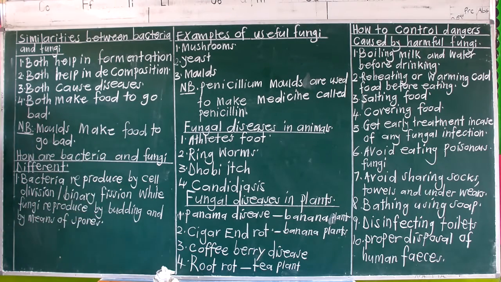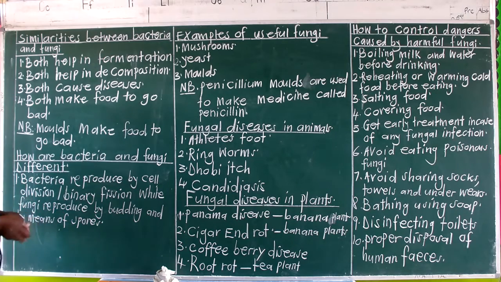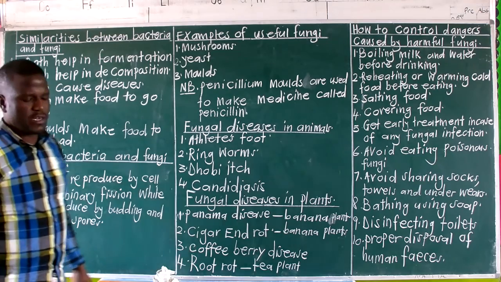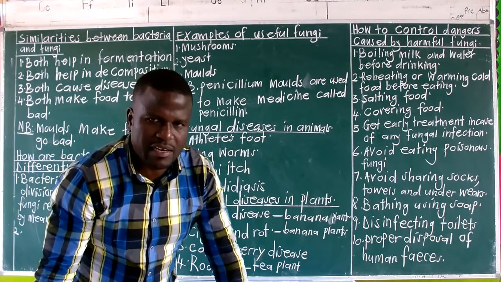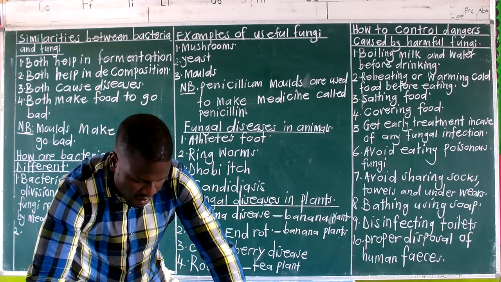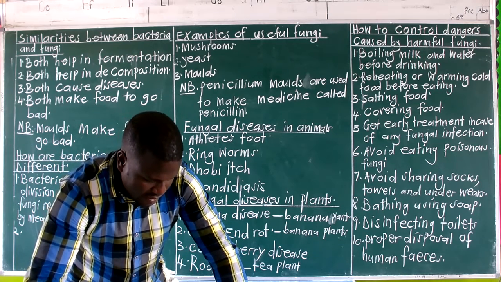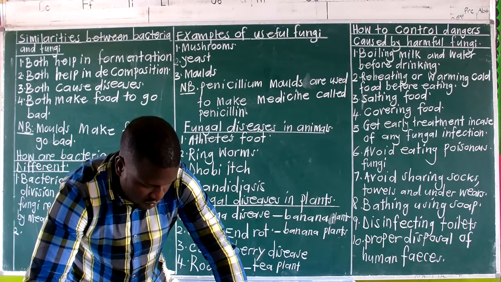So fungi reproduce by means of spores. Then we also have some fungi which reproduce by means of budding, and that is yeast. That's one difference between bacteria and fungi. Bacteria reproduce by cell division or binary fission, while fungi reproduce by means of budding or by means of spores.